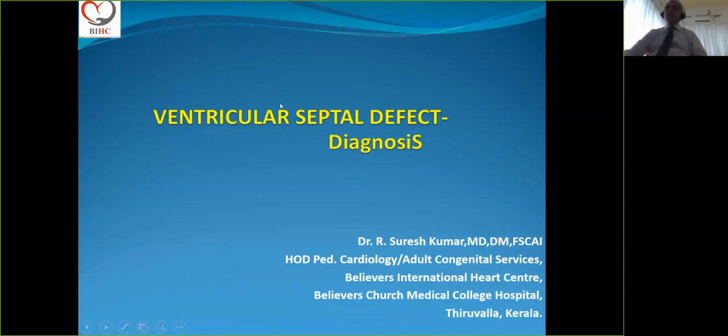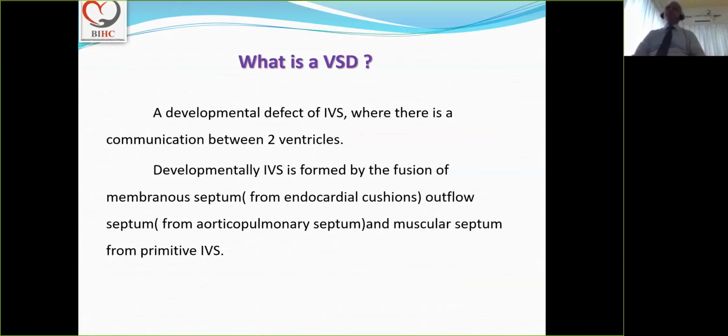We could start by looking at what is a ventricular septal defect. You know that it is a developmental defect of the ventricular septum resulting in a communication between the two ventricles. At this point, it's worth recalling that the interventricular septum is formed by the fusion of three different septums.